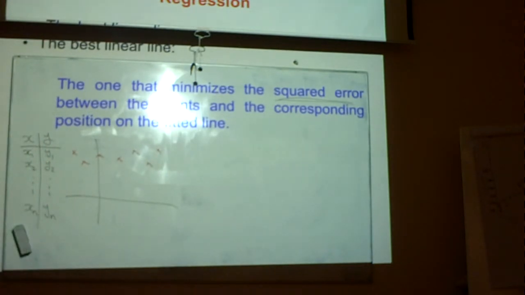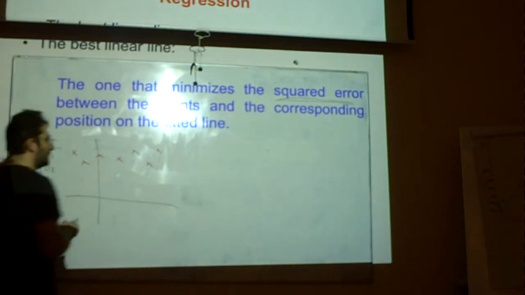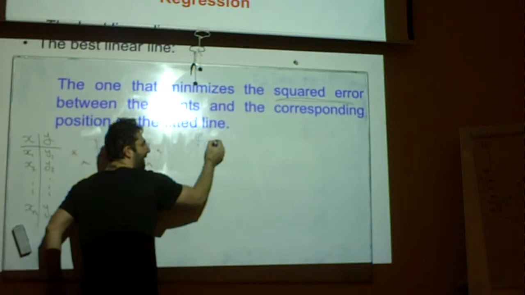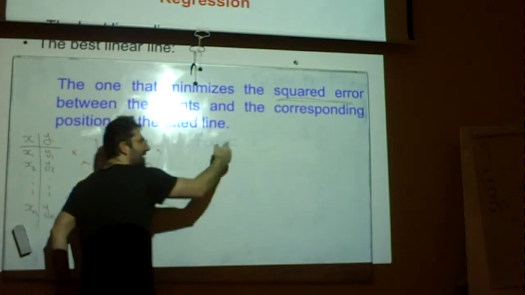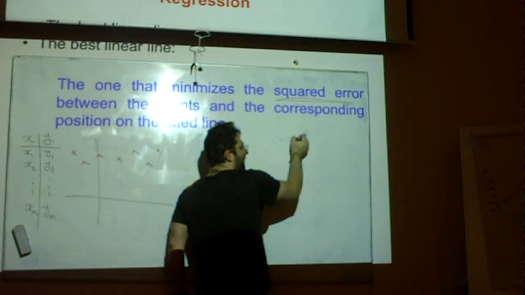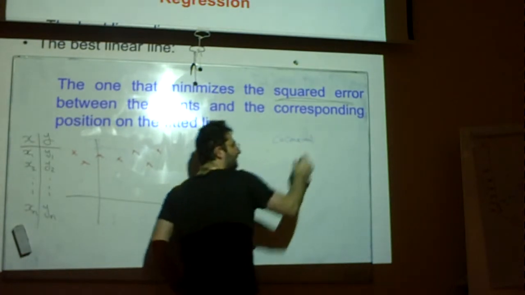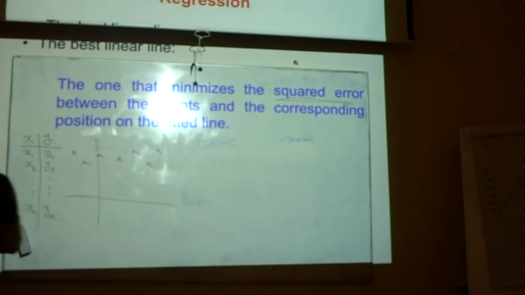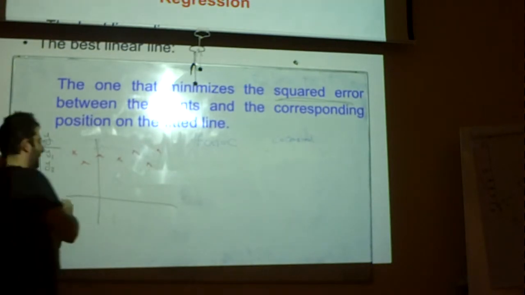And the question is, find the best line in the form of f(x) equal to c. Can you tell me that c is constant? Do you know what it is? What does this function look like? It's a line parallel to the x-axis.